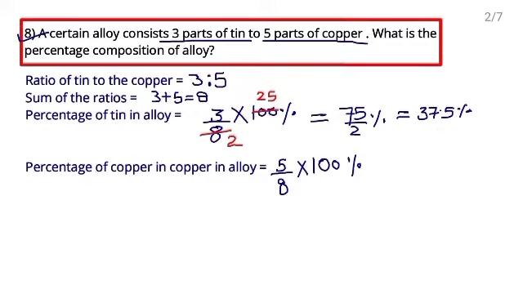Similarly, find the copper in alloy. 4 2s are 8, 4 2s are 8, 4 5s are 20. 25 5s are 125 in numerator upon 2%.